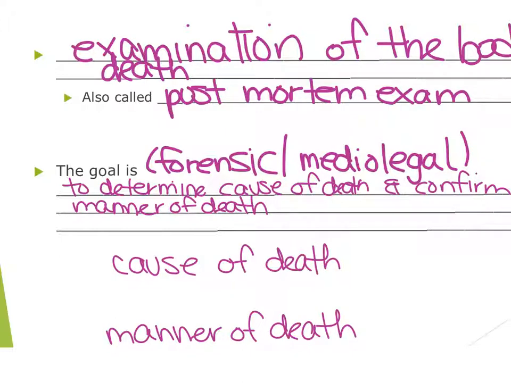If I asked you for a generic version of what cause of death is, the cause of death is going to be the disease or injury. This is what led to the death. So this could be disease, it could be an injury, it could be a stroke, a heart attack, shooting, burning, drowning, poisoning, strangulation, all of those things.